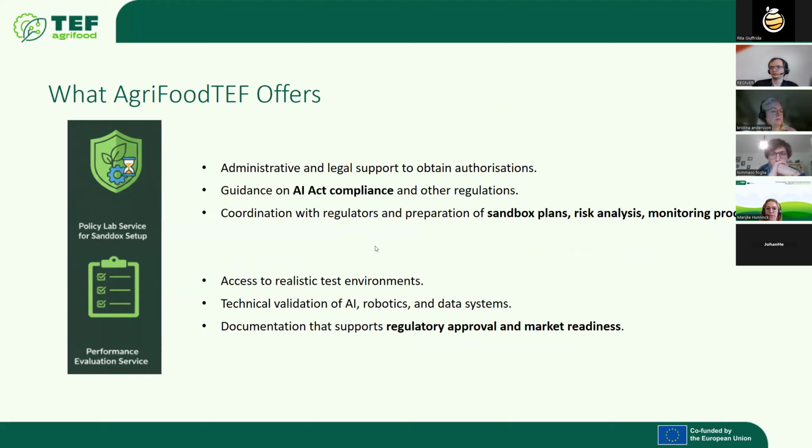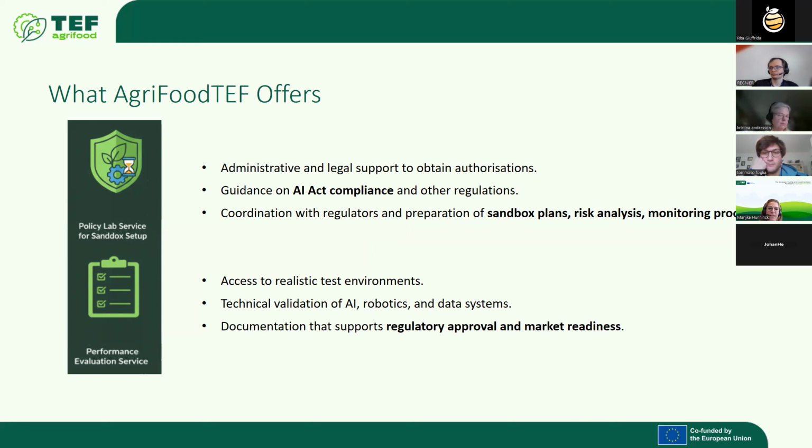AgriFoodTEF also coordinates with regulators, supports the preparation of sandbox plans, and helps define risk analysis and monitoring procedures for companies. This means regulatory clarity early on, fewer surprises later, and a much smoother path to market entry. The second service focuses on testing and technical support.